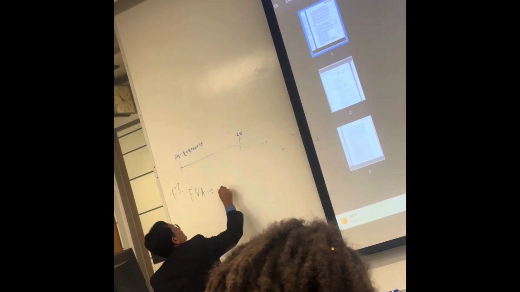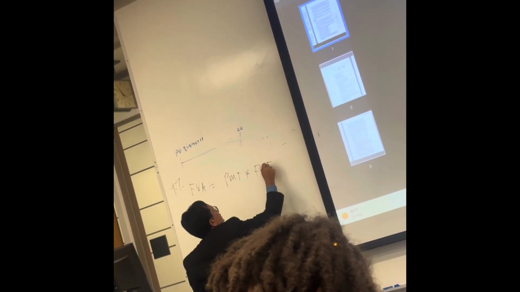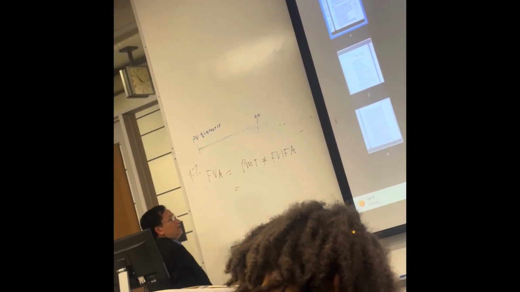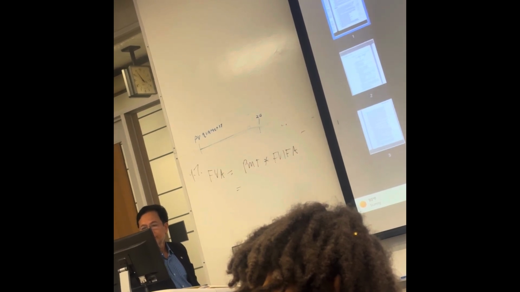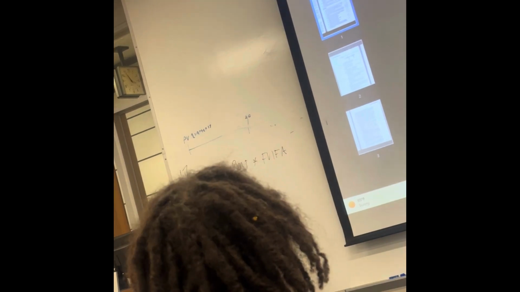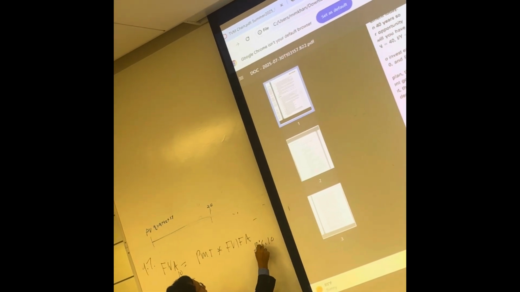So the formula is PMT times the future value interest factor annuity. Okay. Now FVA, what is the value of I? It is 10% and 10 years. 10%, 10 years. Okay.